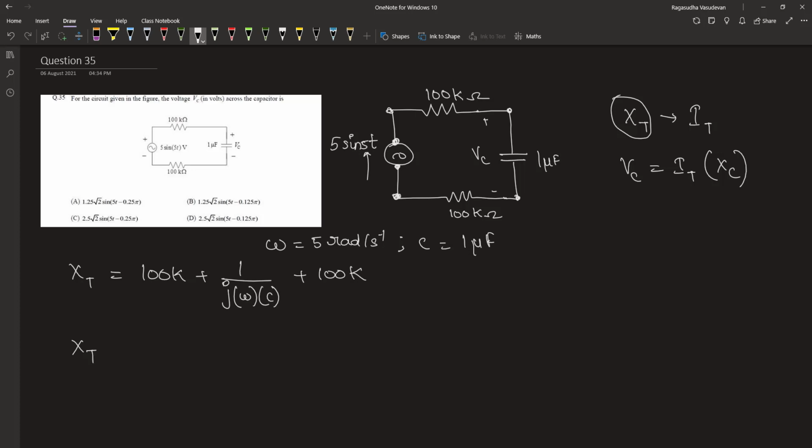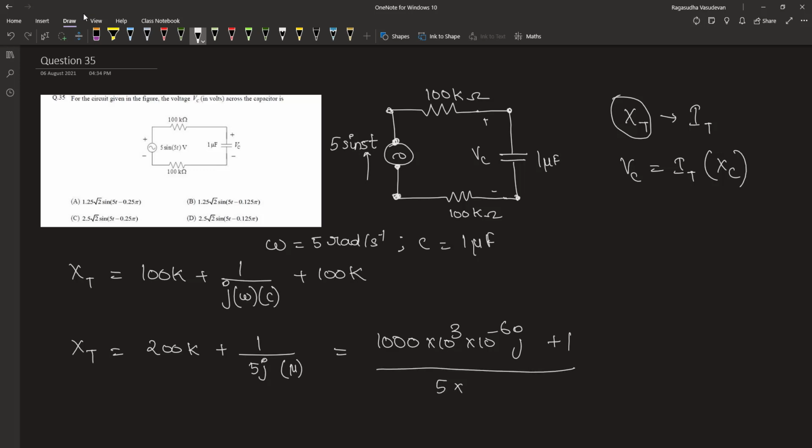Therefore, the value of the total impedance will be 200,000 plus 1 divided by 5j, and this is in micros. Therefore, this will be 200 into 10 to the power of 3 plus 1 divided by 5 into 10 to the power minus 6 j. This is equal to (1 plus j) divided by 5j mega ohm.